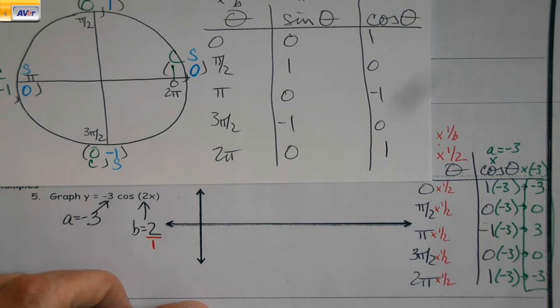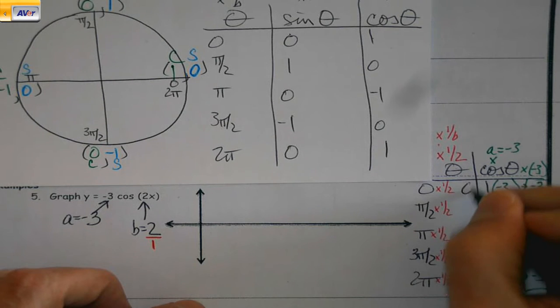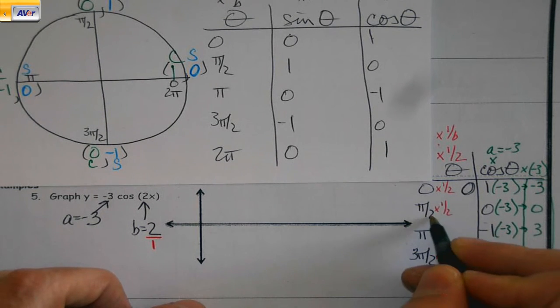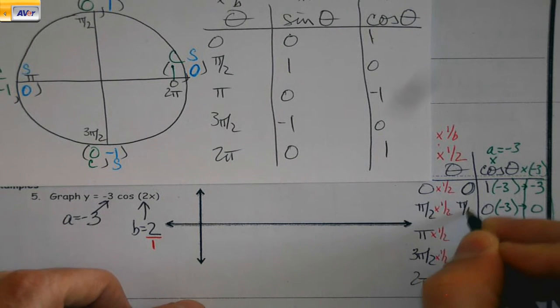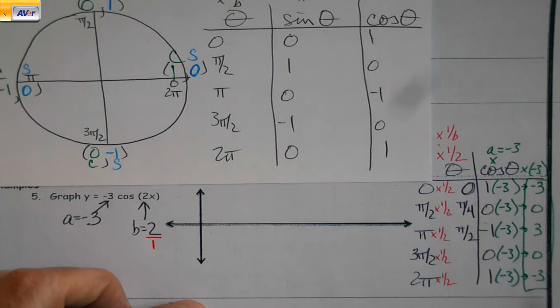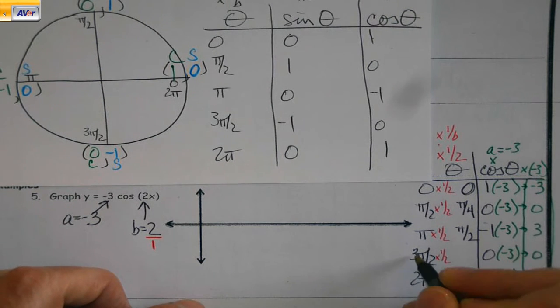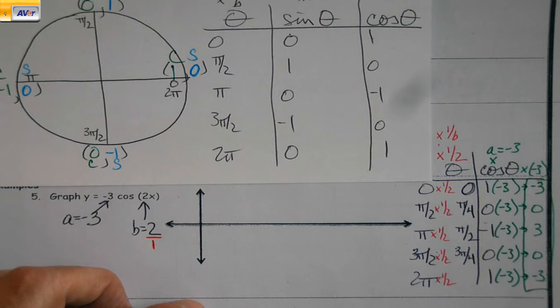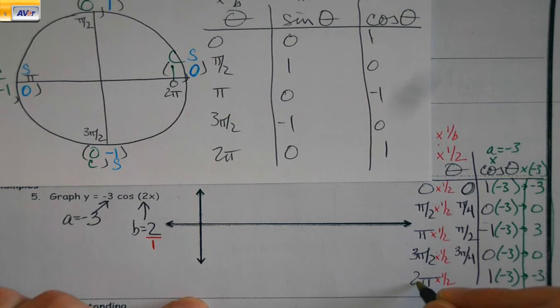And whatever I get out for these, again, I'm going straight across, so pi times 1 is pi, 2 times 2 is 4. Pi times 1 is pi. There's only a 2 in the denominator, so I got to leave that. 3 times 1 would be 3 pi. 2 times 2 is 4. And then here comes the big one. 2 pi times 1 is 2 pi.